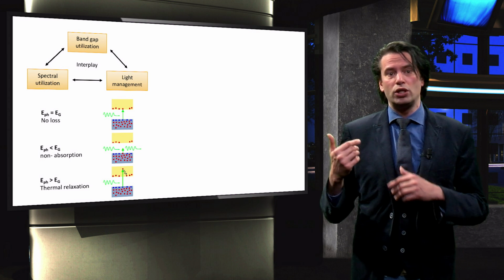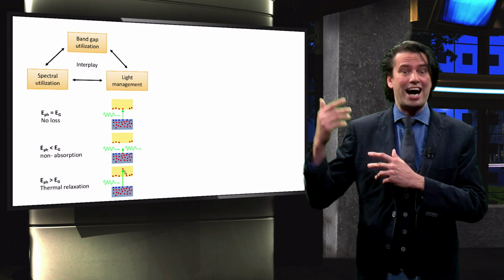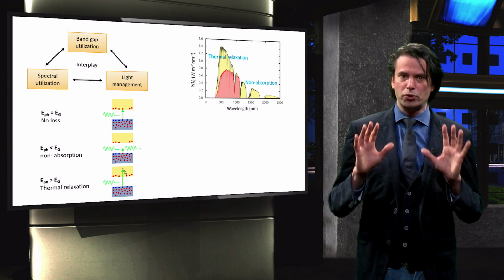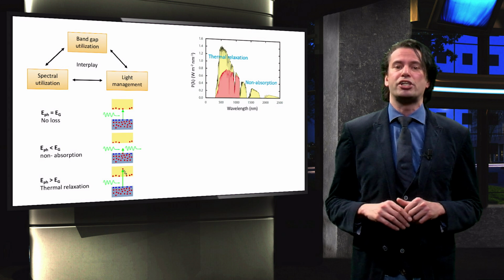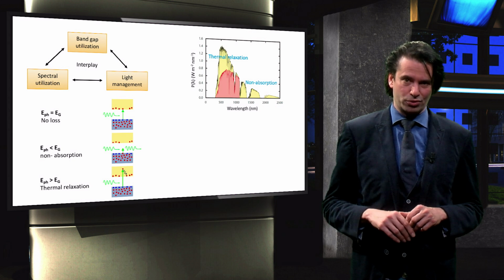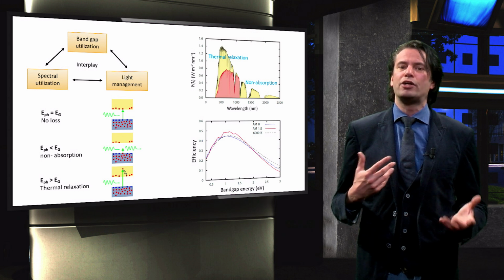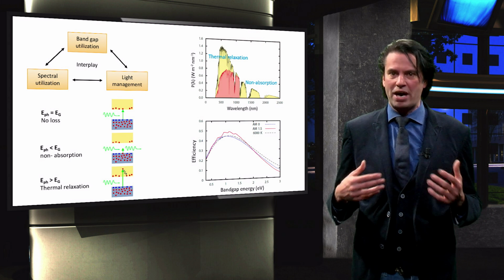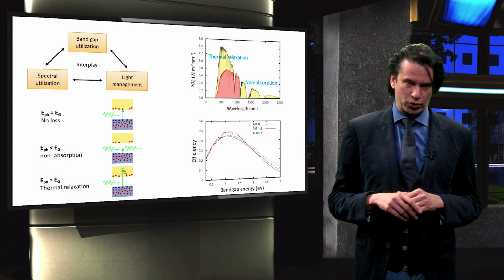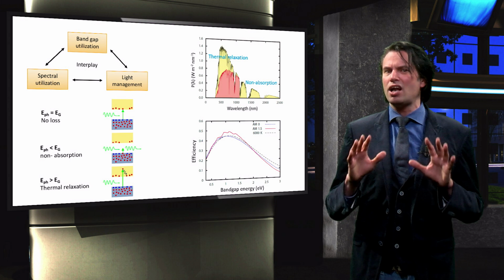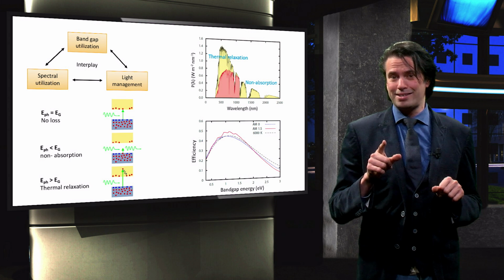Secondly, solar cells will lose some of the energy of the photons higher than the band gap due to thermalization. These two processes put an upper limit on the spectral utilization of any single junction solar cell. Finally, we saw how thermalization and non-absorption define an optimal band gap energy of about 1.1 electron volt. In the next video, we will discuss the last design rule, light management.